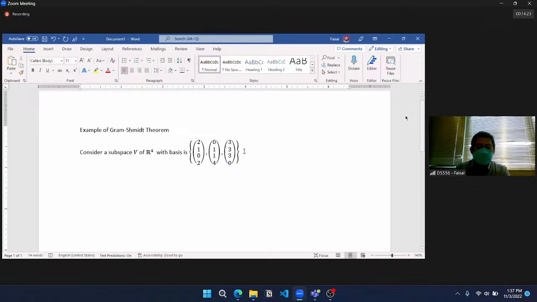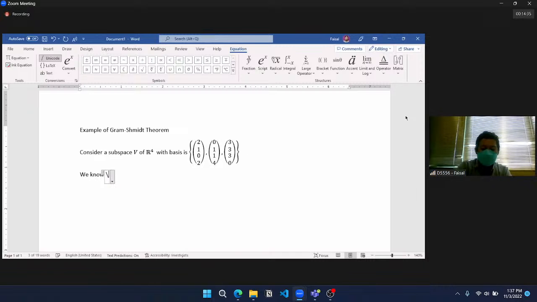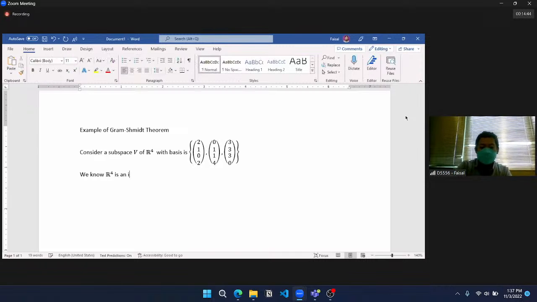We also have R4. We know that R4 is an inner product space, so this vector space has an inner product. What is the inner product? The inner product is the usual dot product.